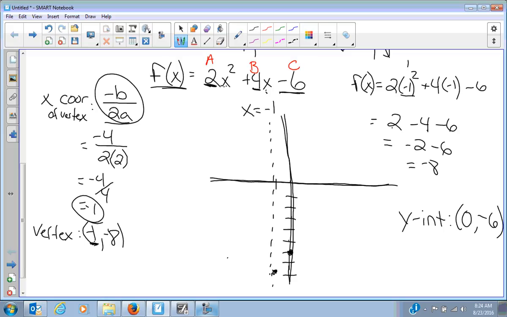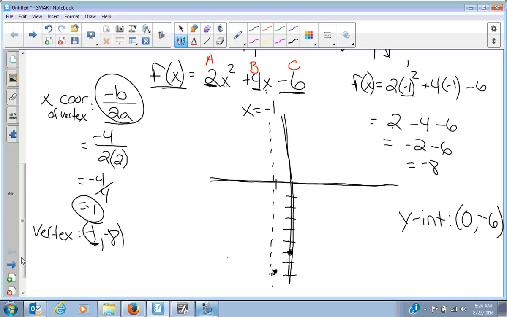How many other points do I need to find? I need to work for one more, and then I'll mirror the other ones. I've run out of easy points to find in my eyes, because I don't want to factor. I'm trying to do this as fast as I can. How can I find one more point to the right? That's guessing.